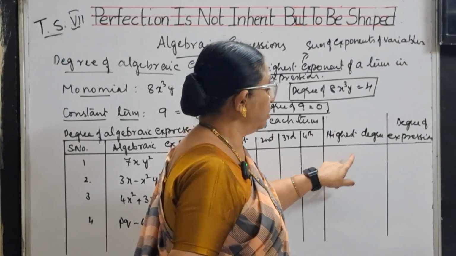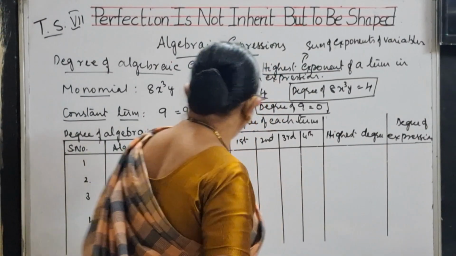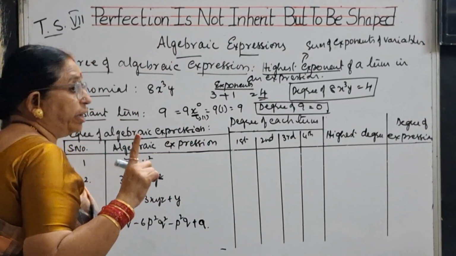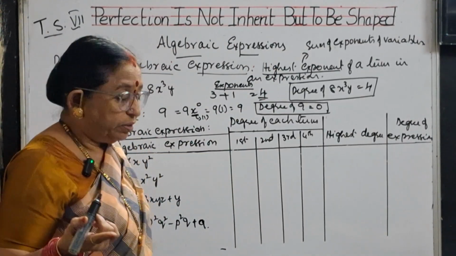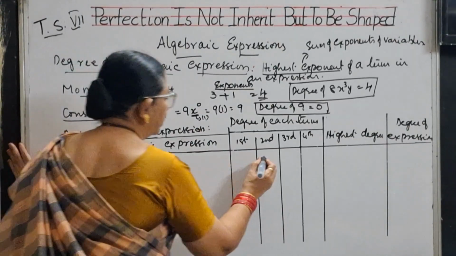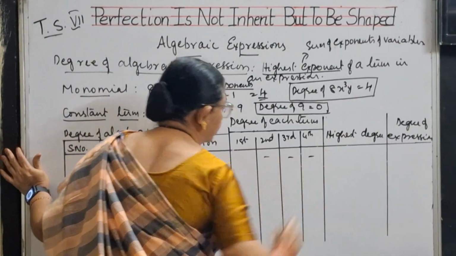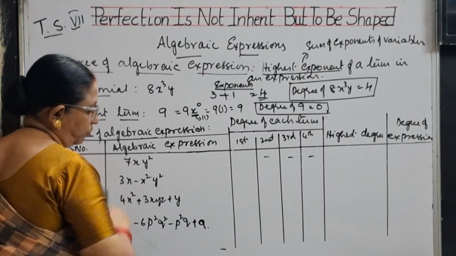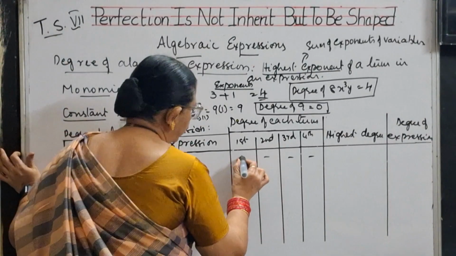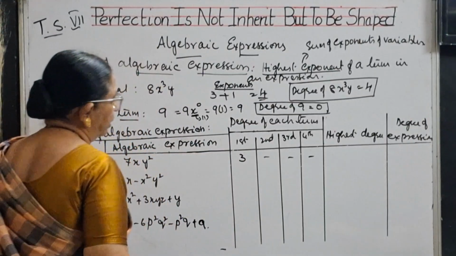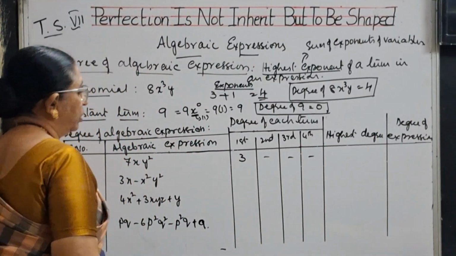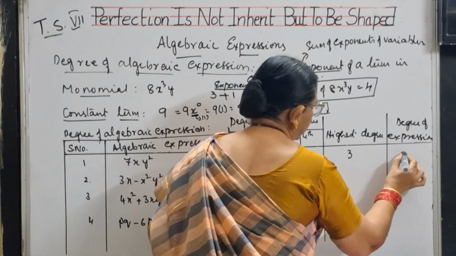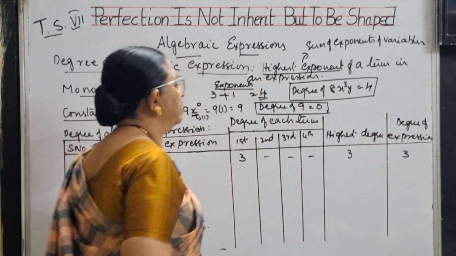And whatever is the highest degree, that is the degree of the expression. So if you take monomial, it is only one term. So there is no question of having second term, third term, fourth term. So one term, 1 plus 2, how much are you getting? 3. 3 is the degree. So highest degree is 3. Degree of the expression is 3.